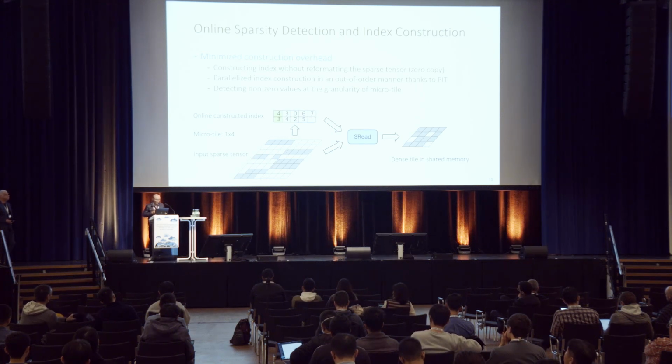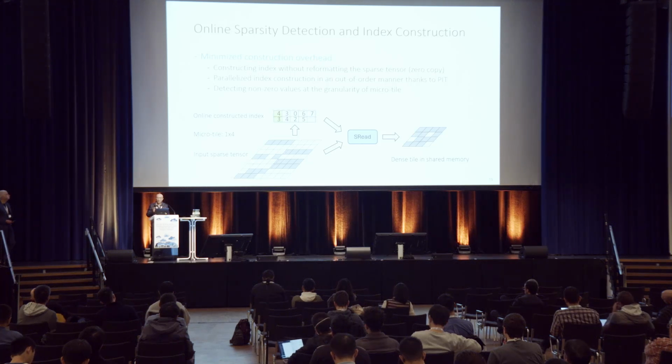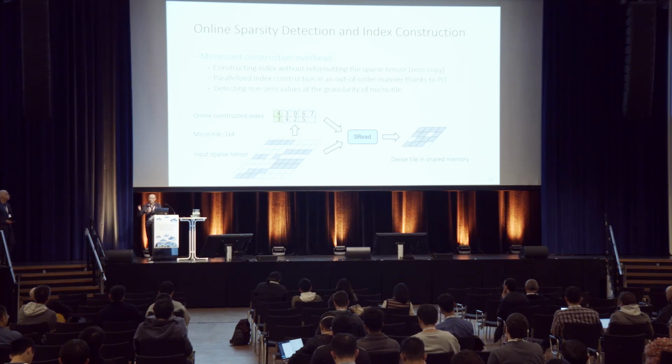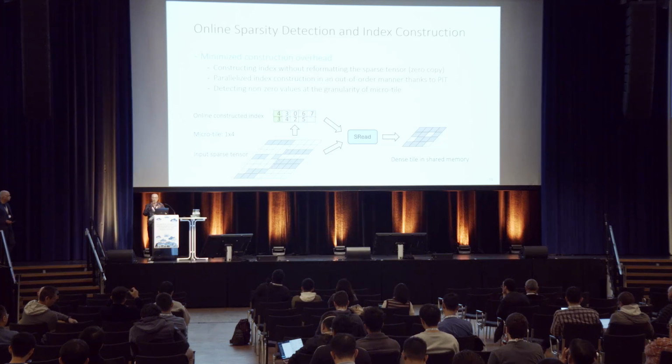Yeah, thanks for the question. Our system doesn't have to rewrite the sparse data. For example, for a traditional sparse format such as CSR, if we want to transform the dense tensor, which has a lot of zeros, into the sparse format, it has to copy the non-zero values in this tensor into the CSR sparse format, right?